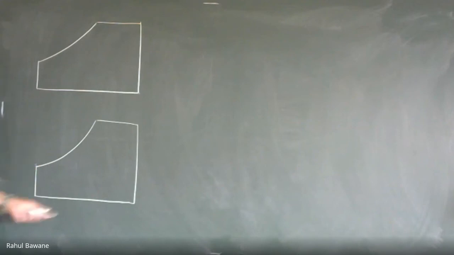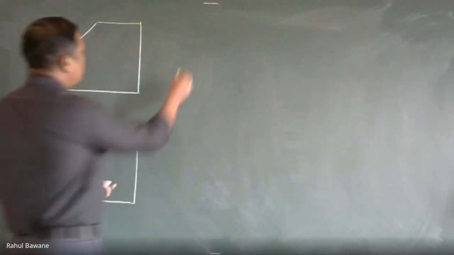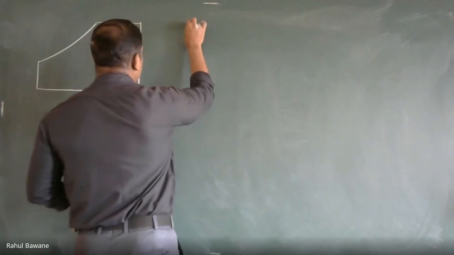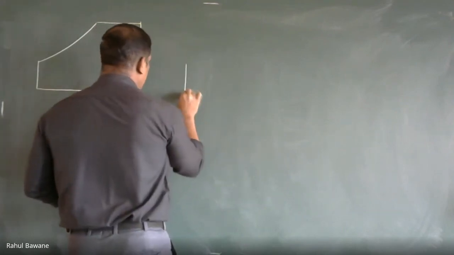So always remember this is the shape of the psychrometric chart, and we have to talk about 6 different points.